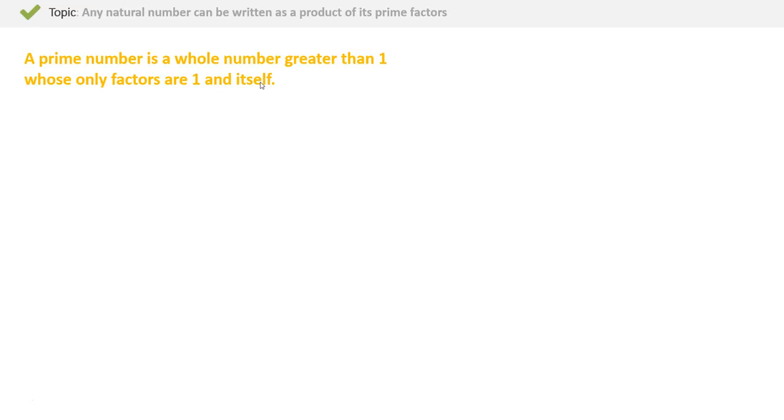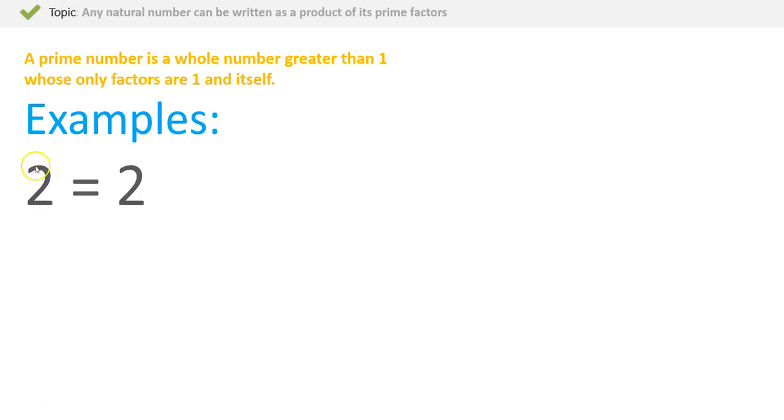So any number can be a prime number if it is greater than 1, it is a whole number, and it can only be divided by 1 or itself. What we are saying here is that if I pick any natural number, I can always represent it as a product of prime factors. Now let's take some examples.